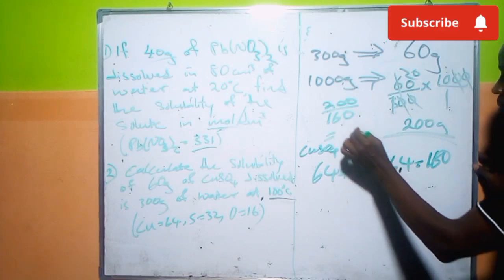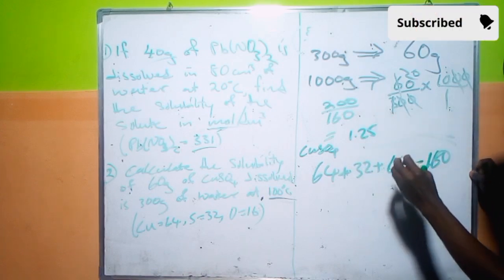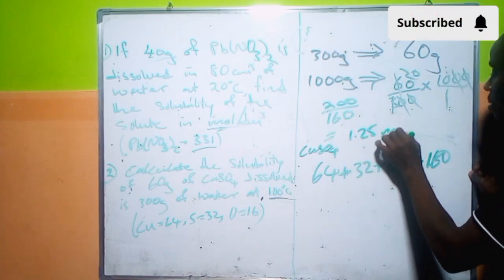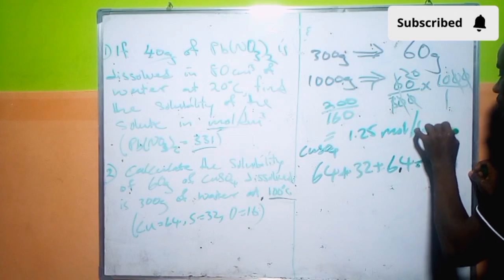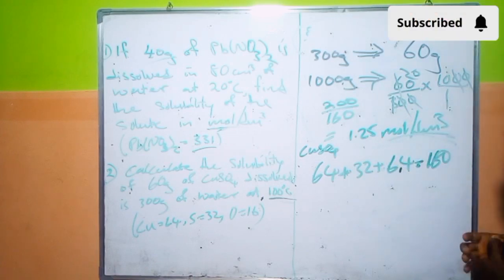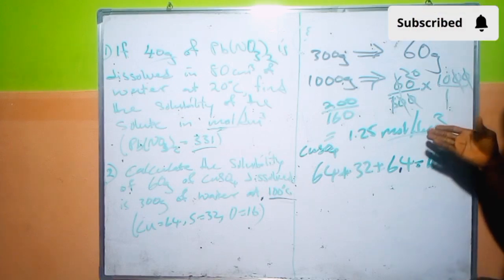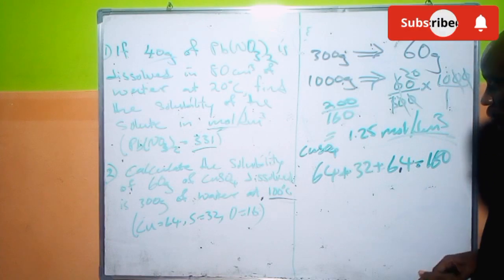We have solubility in mole per dm cube, right? That's what it's supposed to be, or perhaps we call it that because we're looking at the grams. Yeah, I think that's what's supposed to be.